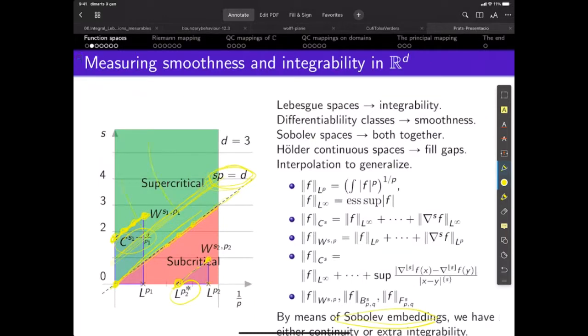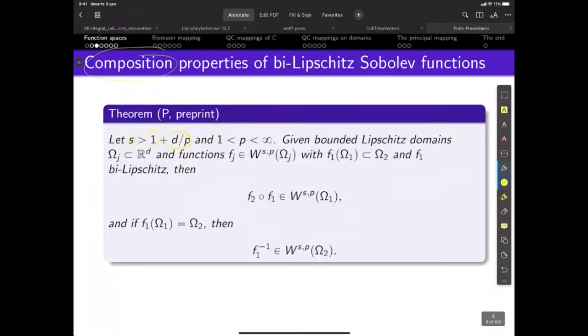We are talking about this region here. We take bounded Lipschitz domains, omega 1 and omega 2, and two functions f1 and f2, where f1 maps omega 1 to omega 2, and it's a Sobolev mapping. Both of them are Sobolev with smoothness S and integrability P.